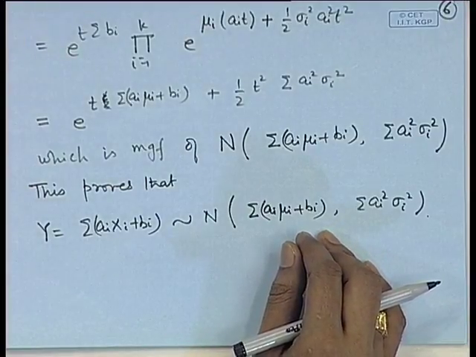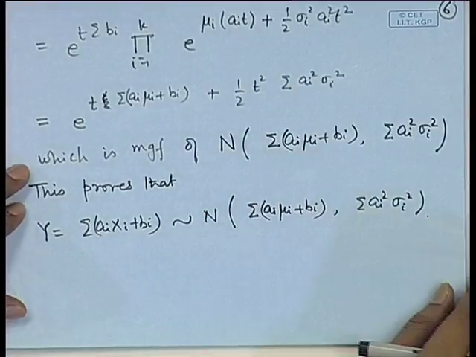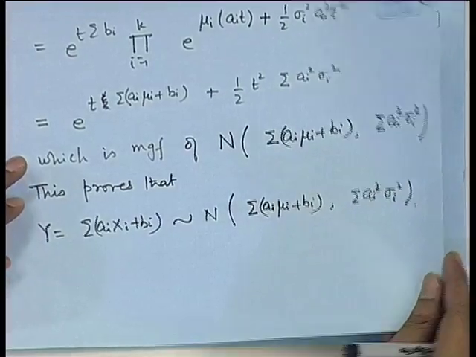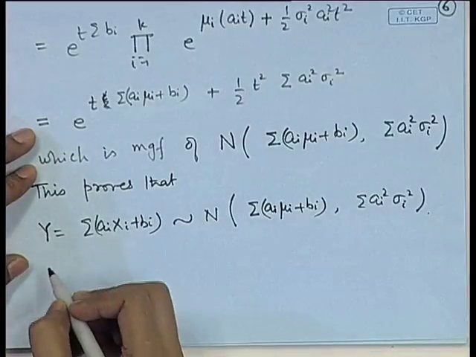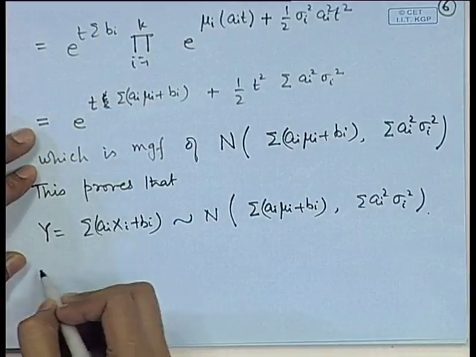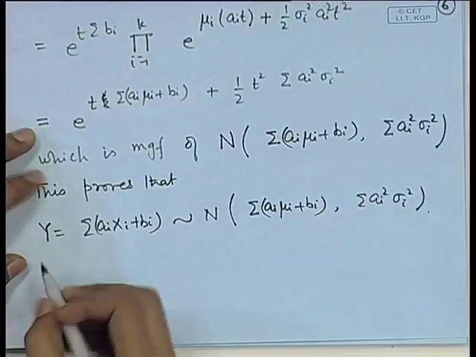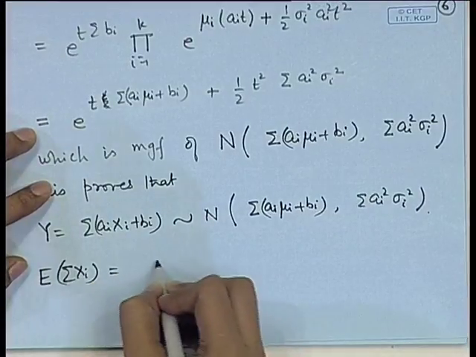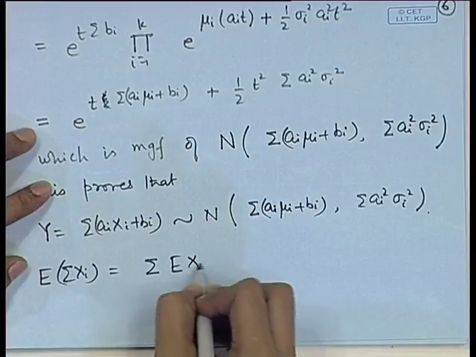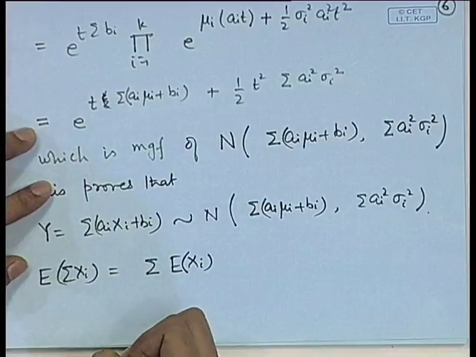There are certain results which are related to the calculation of the moments of sums, variances of the sums, etcetera. So, these I will state here. For example, if we look at the expectation of sigma x i, it is equal to sigma expectation of x i.